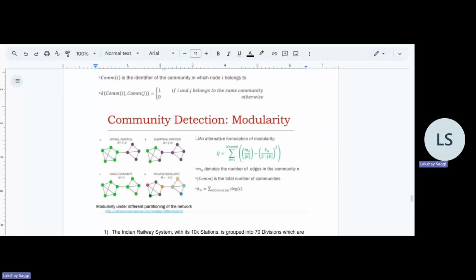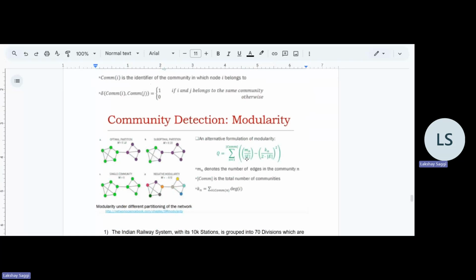This is the community formulation for modularity. Here you are summing over all the communities, and what value are you summing? So this is mn divided by the number of edges, where mn denotes the number of edges inside the community, basically the number of edges which are actually present inside the community, where both the endpoints of the edges belong to the community n.